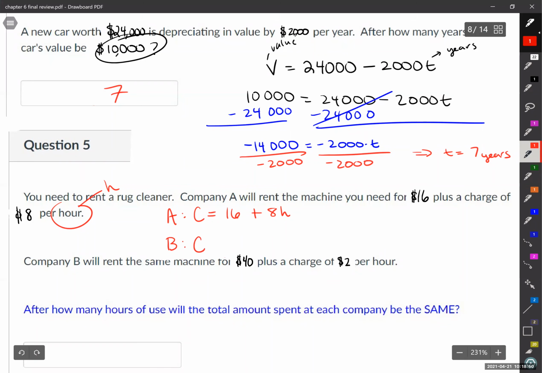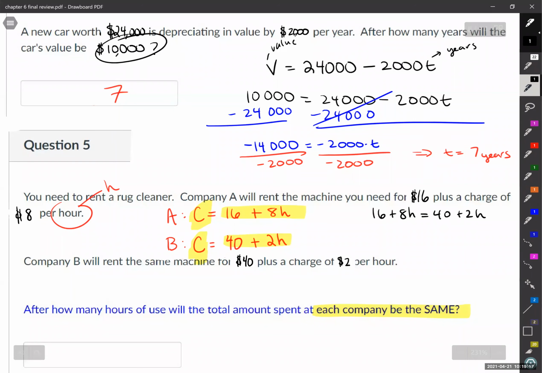Company B has a larger upfront cost, $40, but the hourly charge is significantly less, only $2 per hour. Now, when they ask us when will the cost for each company be the same, they're asking us to set these equations equal to each other because we want to know when the costs are equal. So we get 16 plus 8H equals 40 plus 2H.